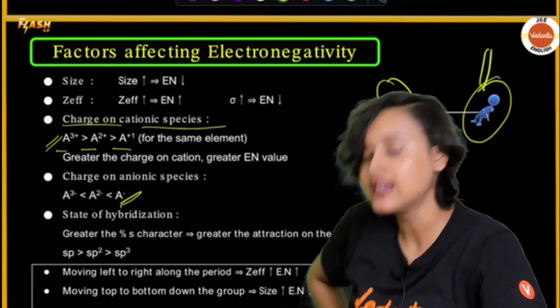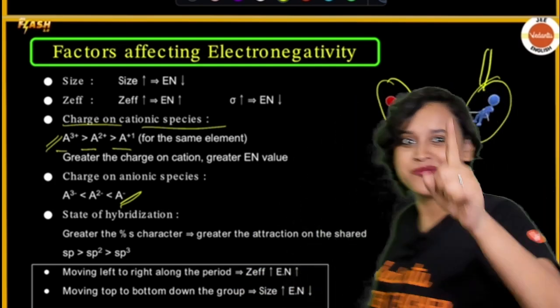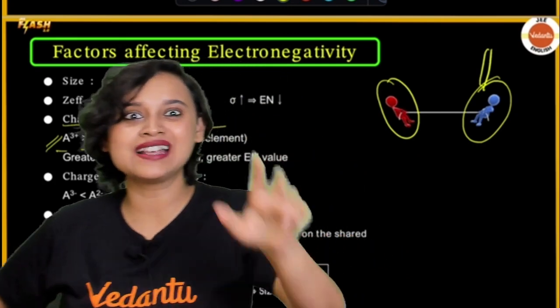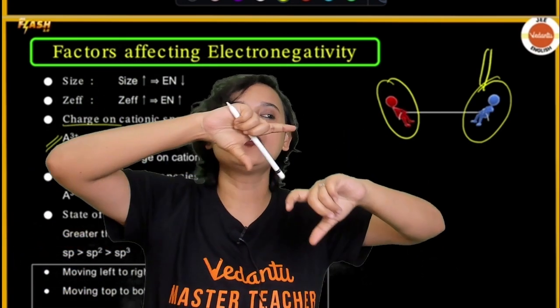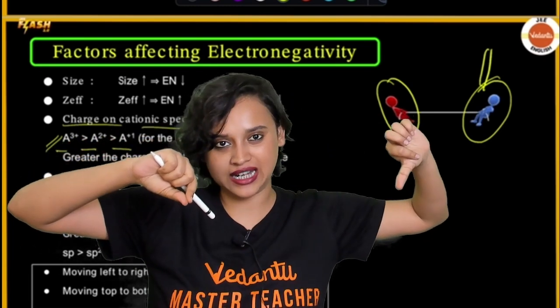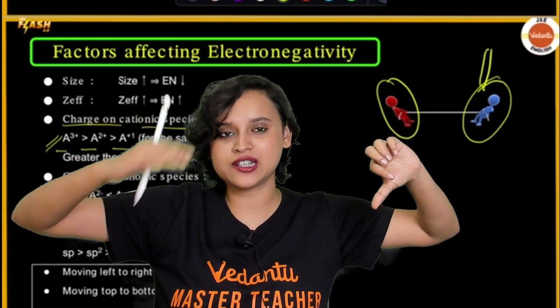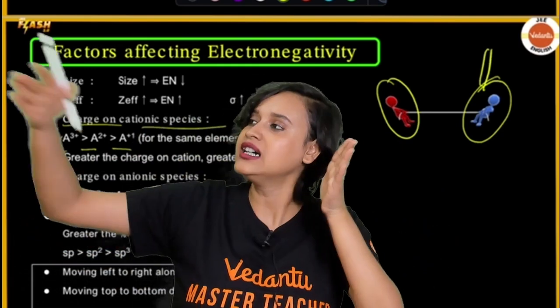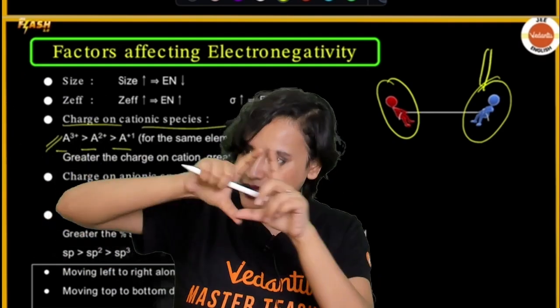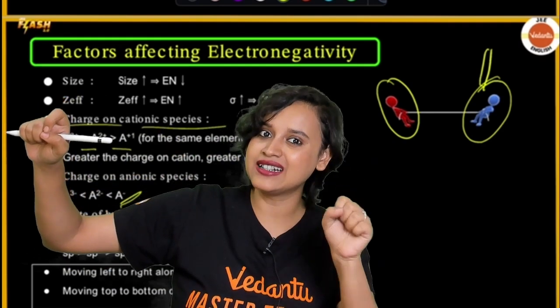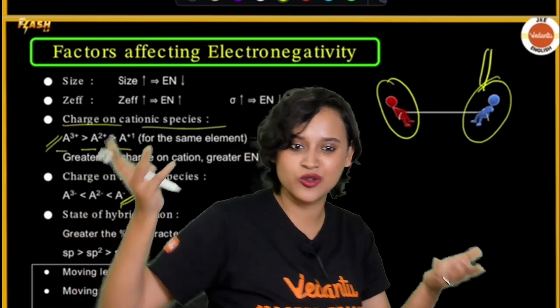Getting my point? Now hybridization. Hybridization I taught you, remember? sp has the highest electronegativity. Why? Because in case of sp hybridization, you have 50% s character, 50% p character. And as you keep increasing for sp2, for sp3, the p character increases, s character reduces, and that is why electronegativity decreases.